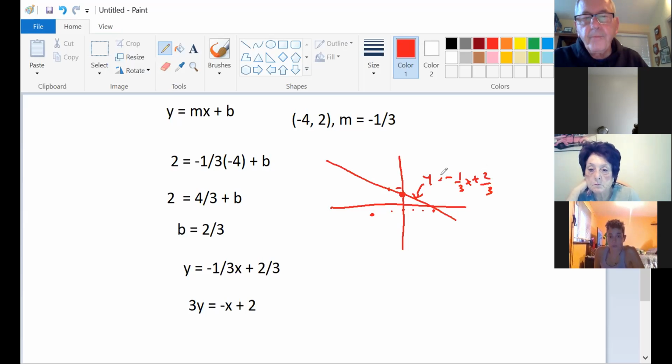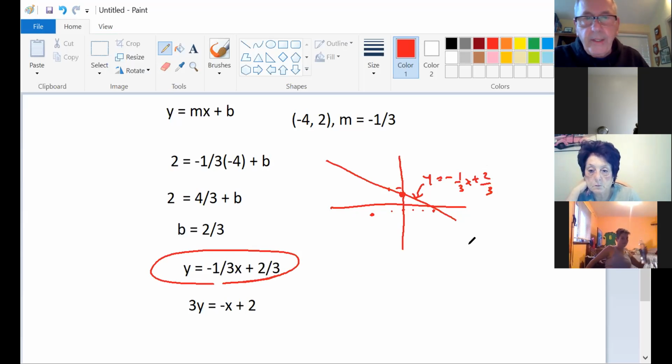Does that make sense to everybody? That's what we're doing on these. We're putting it in this form so we can go ahead and graph it. This is called the slope-intercept form, where this is the slope, this is the intercept.